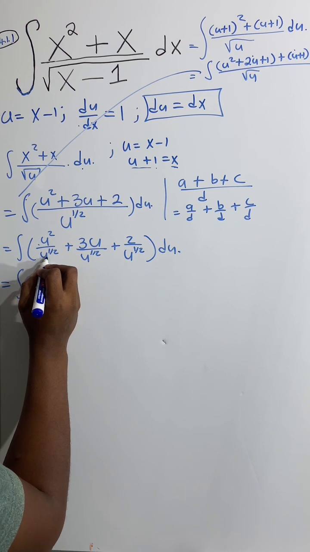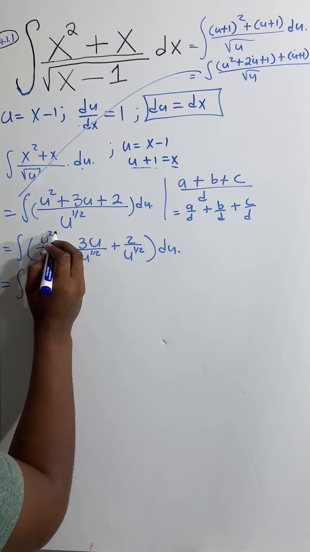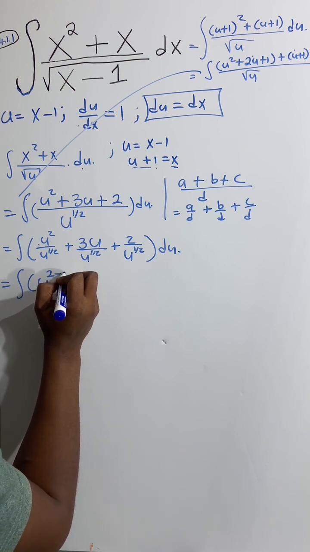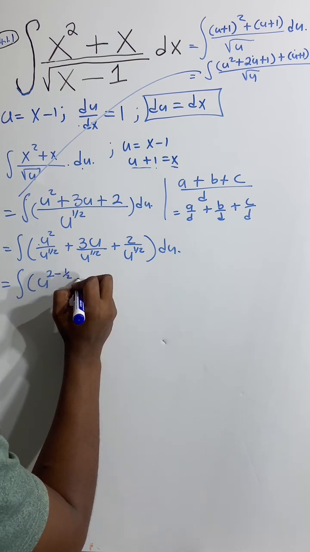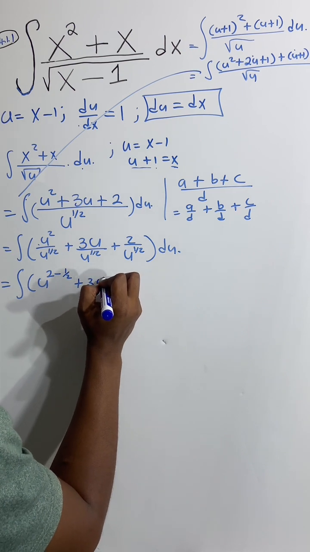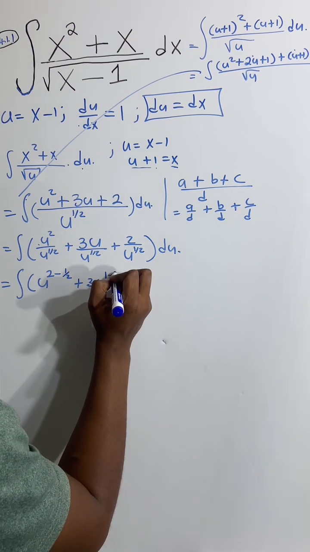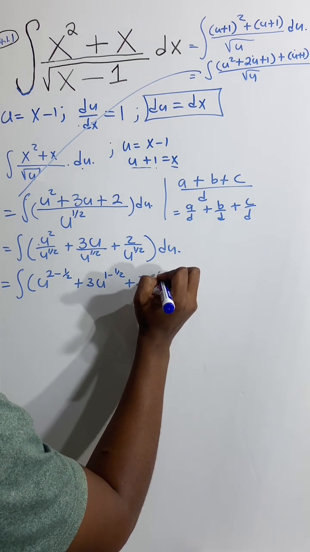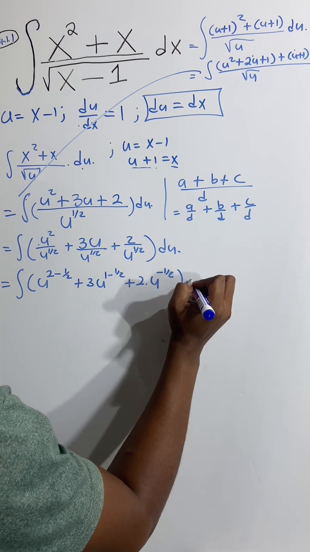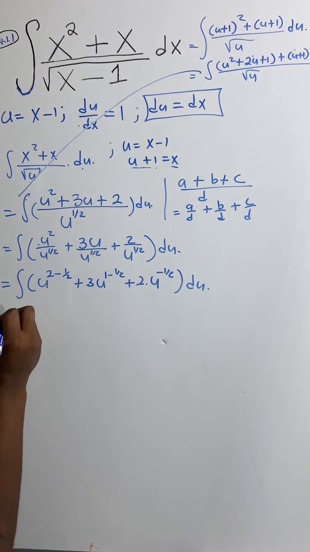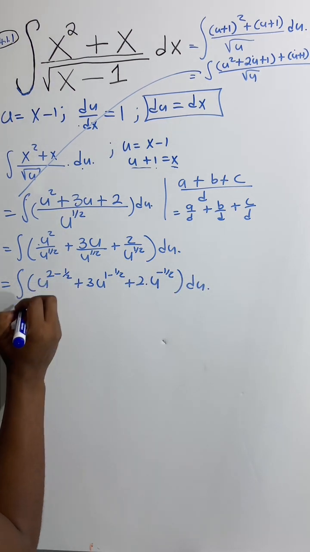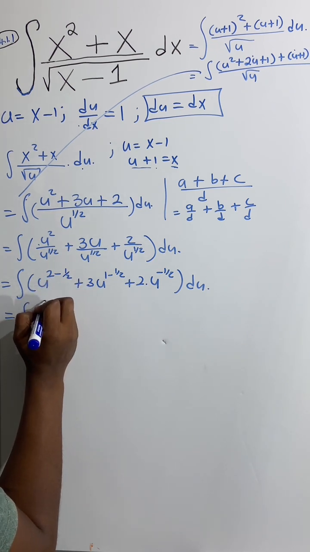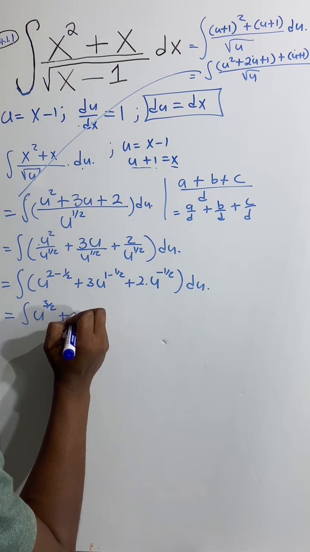So we take the u to the power 1 over 2 to our numerator, and we will get 2 minus 1 over 2 as our exponent, plus 3 times u to the power 1 minus 1 over 2, plus 2 times u to the power minus 1 over 2, du.